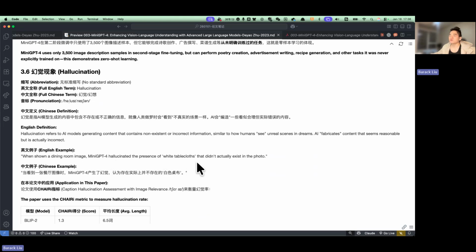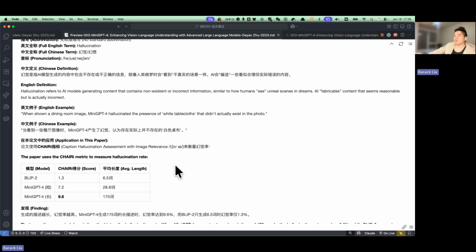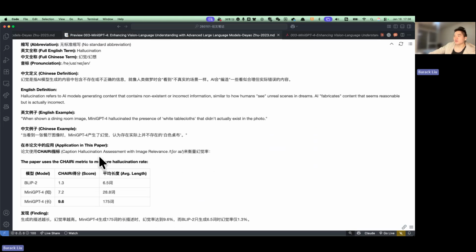When shown a dining room image, MiniGPT-4 hallucinates the presence of a white tablecloth, which didn't exist in the picture. The paper uses CHAIR, caption hallucination assessment with image relevance, to measure hallucination rate.